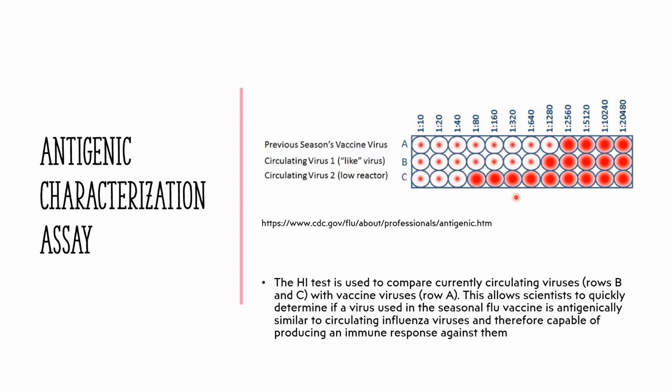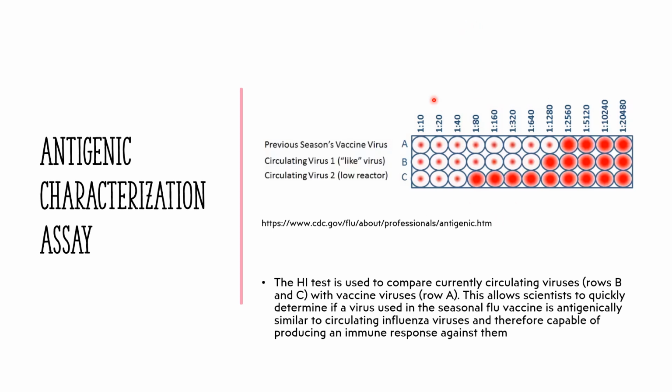Public health experts consider influenza viruses to be antigenically similar, or alike, if their hemagglutination inhibition titers differ by two-fold dilutions or less. This is equivalent to a 2-well, that is four-fold dilution or less difference.